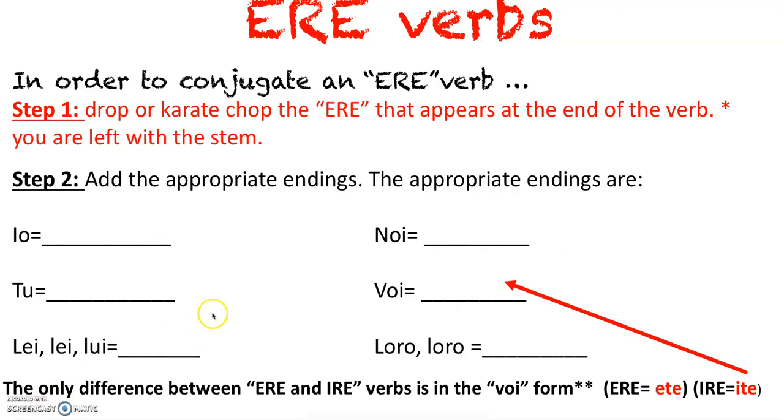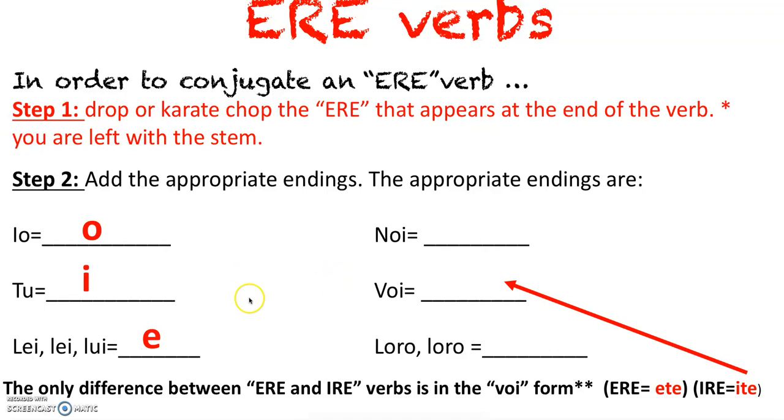So the first one, io will always go with O. Tu will always go with I. Lei, lui, and lei end in E. So our endings are O, I, and E for io, tu, lei, and lui.